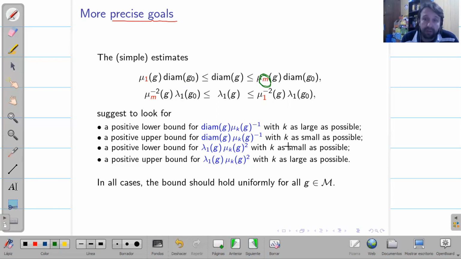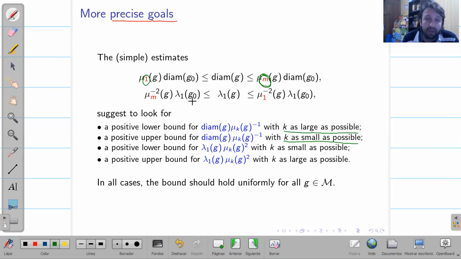Actually, what we want is to bound this over this with mu k, with k as small as possible, right? Because m is the largest, and the same with the rest. Here we can bound from above by a positive number, of course, because this is always bounded below by 0. But we want to bound the diameter over mu k with k as small as possible.